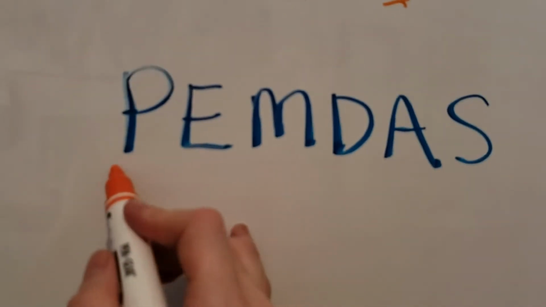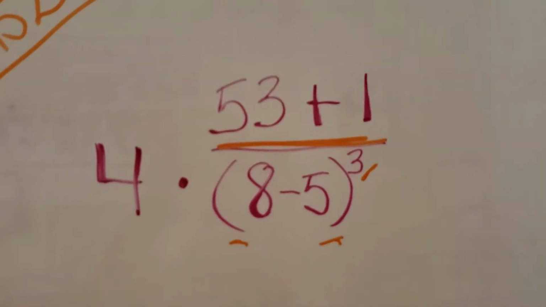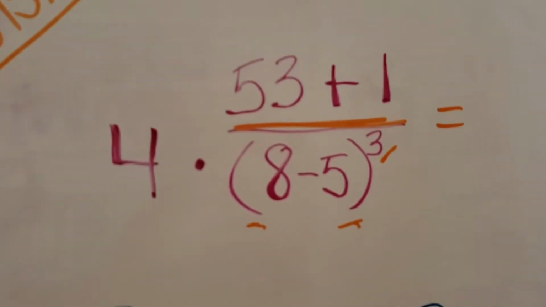The P in PEMDAS stands for parentheses, and that lets us know that the very first thing we should do whenever we have an expression with multiple operations, more than one operation, is to do what's in the parentheses first. So when I'm looking at this, I'm immediately going to say, well, what's in parentheses? 8 minus 5. So the first thing I'm going to do is 8 minus 5, and then I can rewrite my equation using that new value.